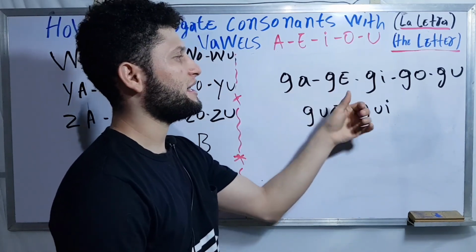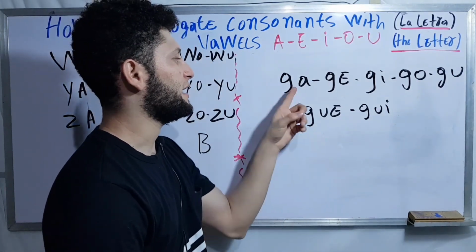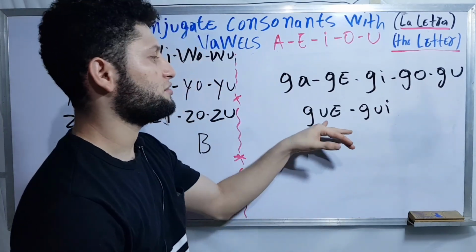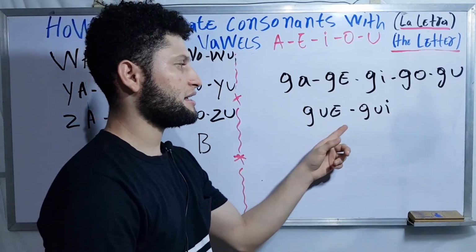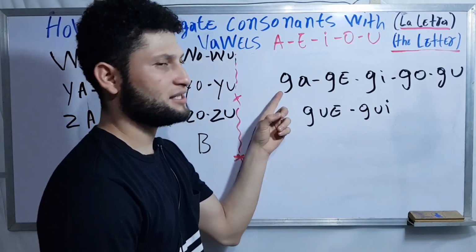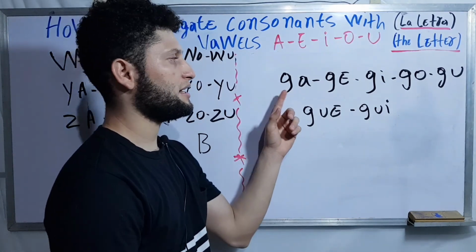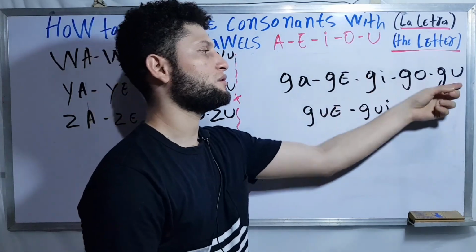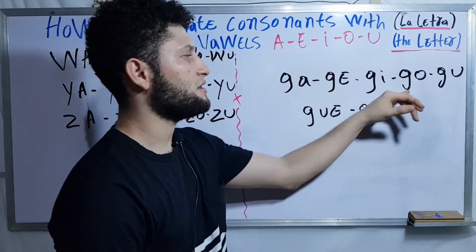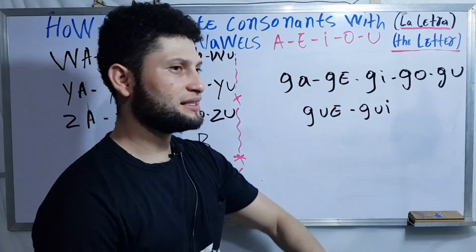For you to get this pronunciation, ga, go, gu, you need to conjugate like this: ga, ge, gi, go, gu. So in this case, our letter G in English. This is all the explanation about these details.